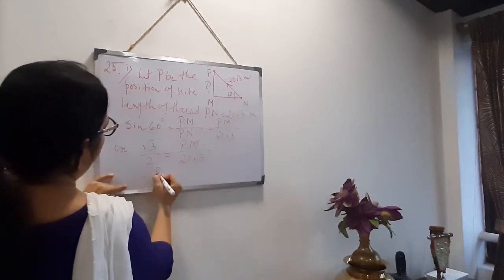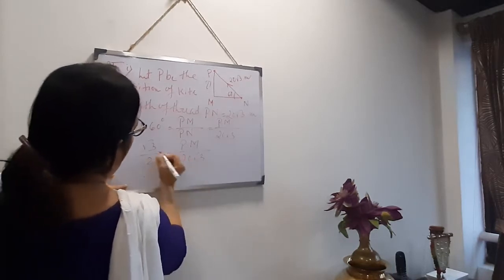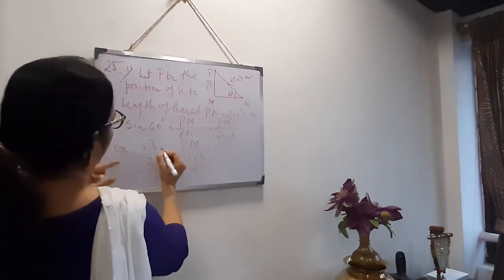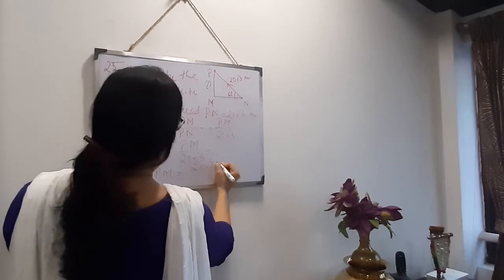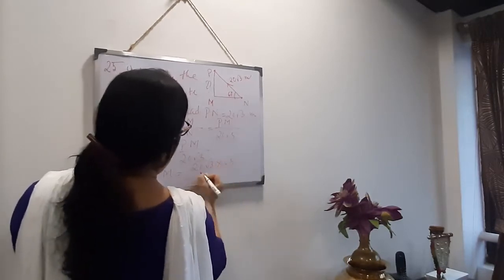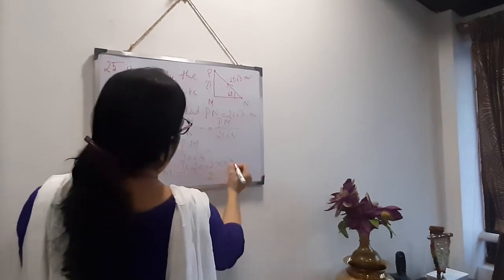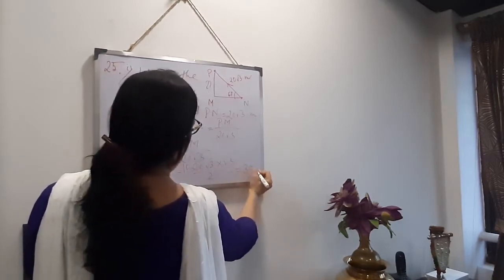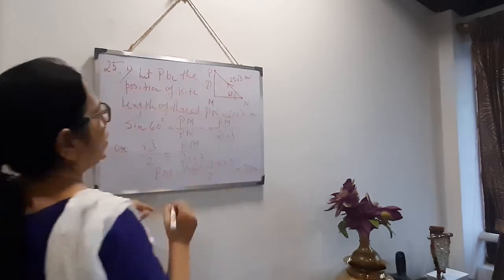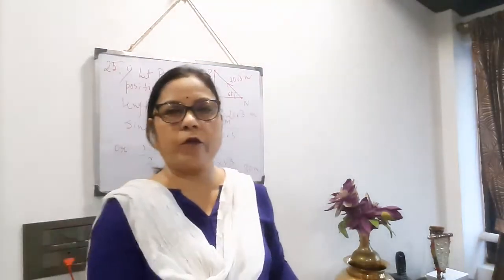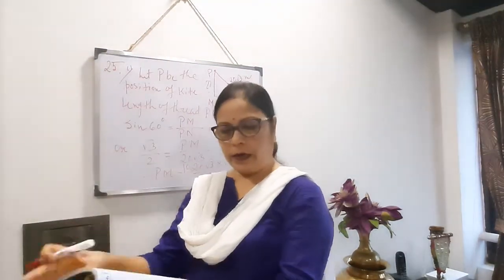Now PM is coming 20 root 3 into root 3 by 2, that means 30. So this is coming 30.